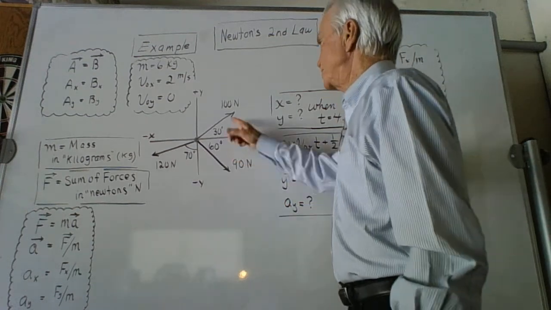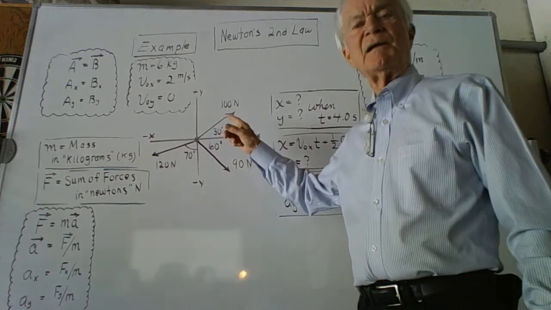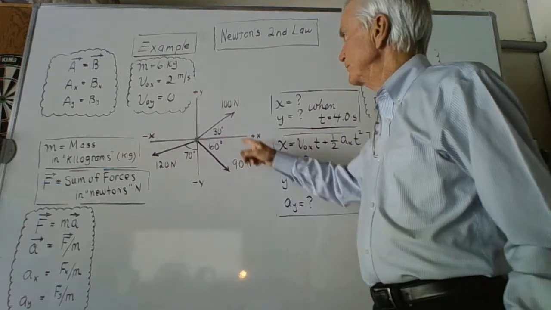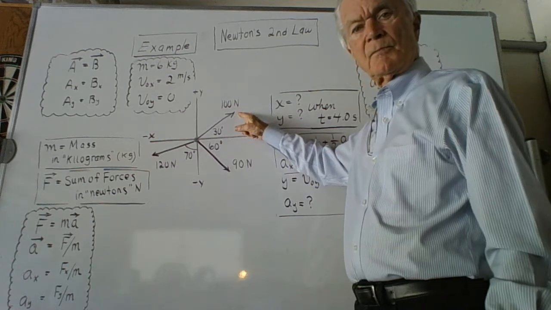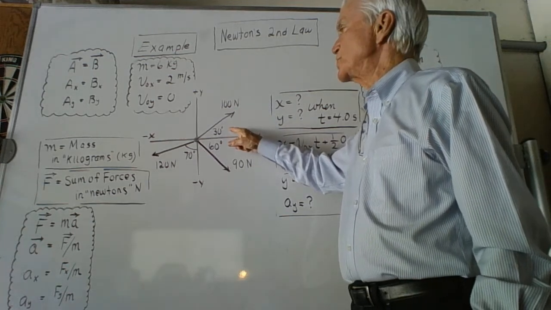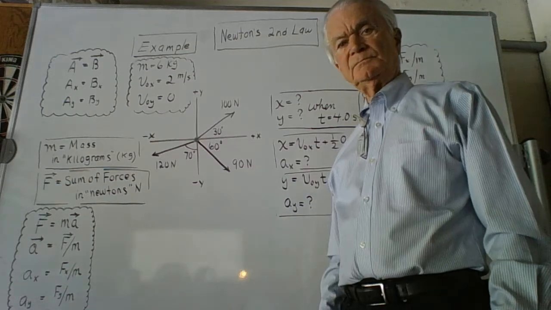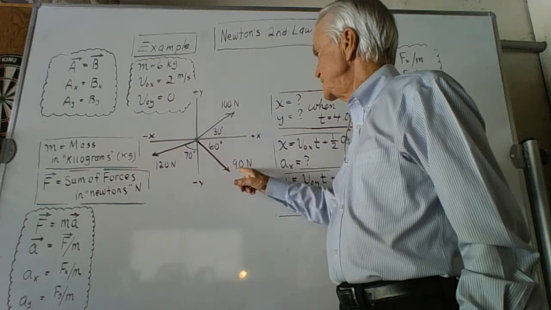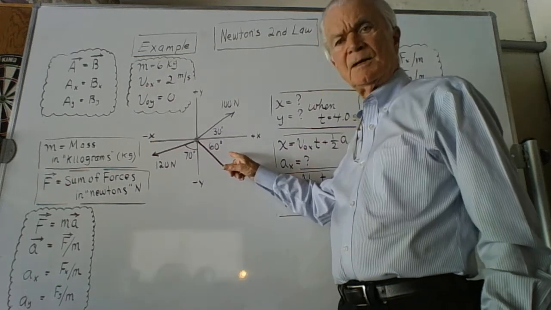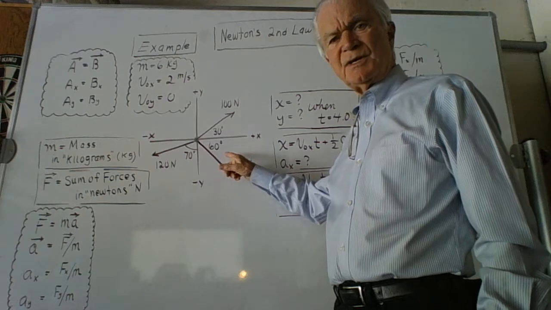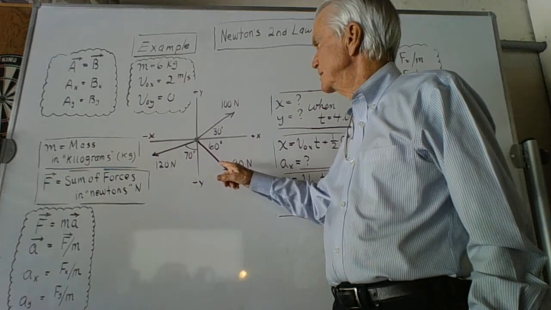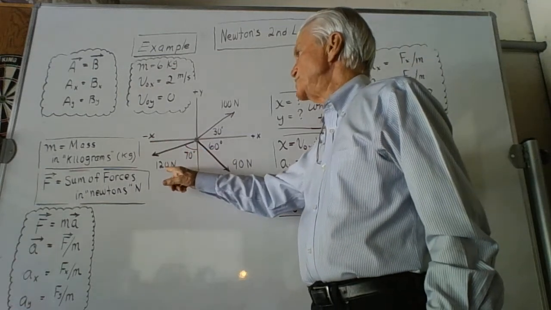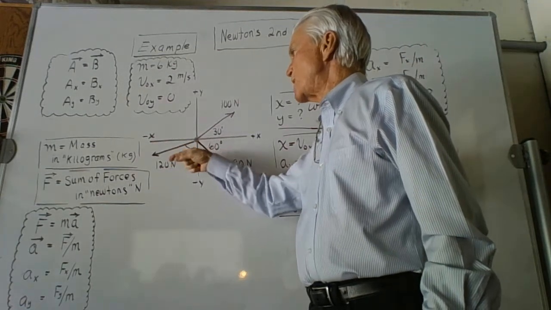I'll point to the three vectors, the three forces, and say how we could write down the x component of each one. 100 cos 30, plus 90 cos 60. Now, the 120 Newton vector points into that quadrant.